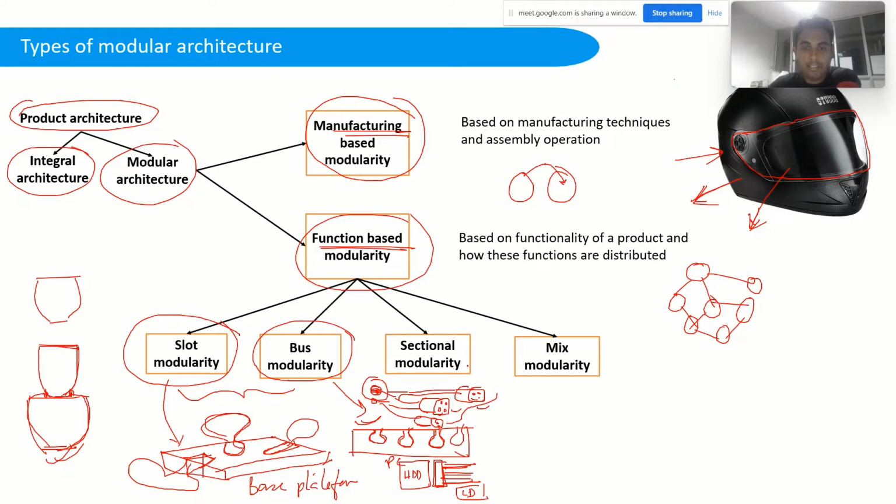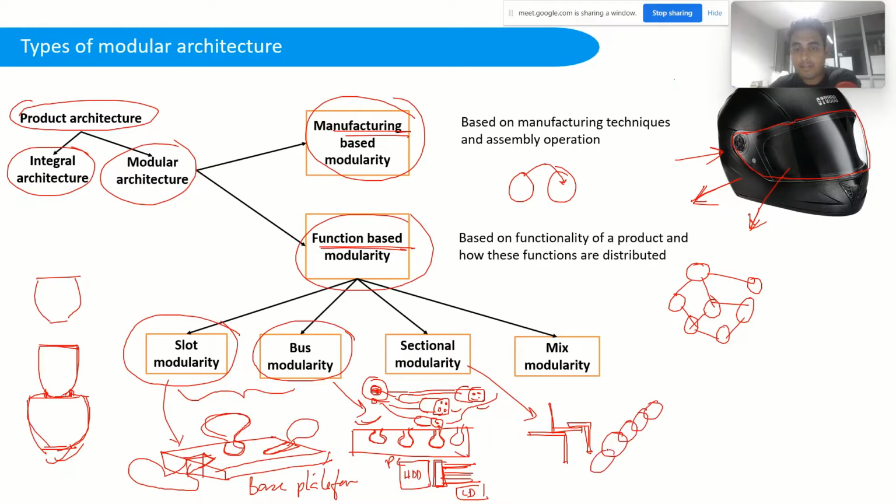Sectional modularity is where there is no base platform. We use different sections, which can be of any shape, and then we group them to create some sort of structure which provides a bigger functionality.